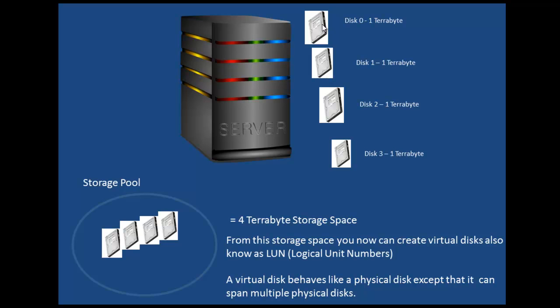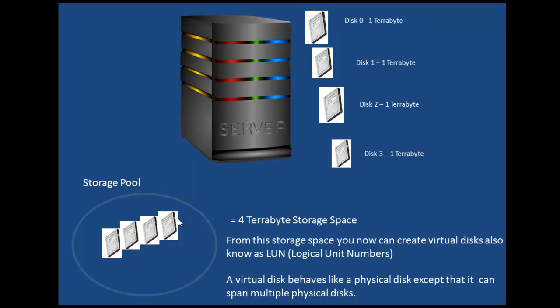So instead of having access to individual disks, we actually create a pool and we add those 4 disks to the pool. Now each of the disks is 1 terabyte. So if we add all 4 disks to the storage pool, what we're going to have available for us is a 4 terabyte storage space.